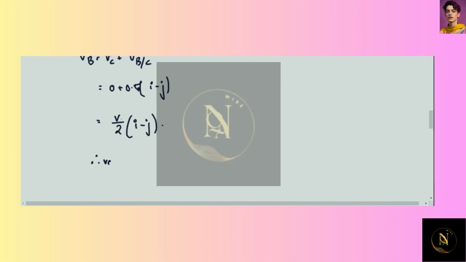Therefore, the velocity of point B is v upon 2 i minus j.